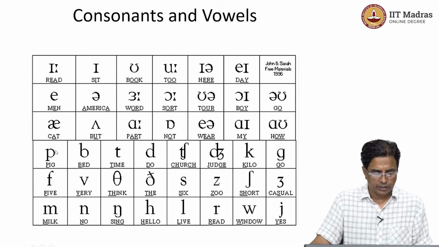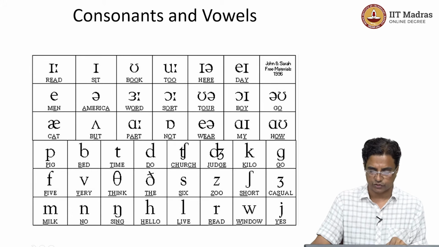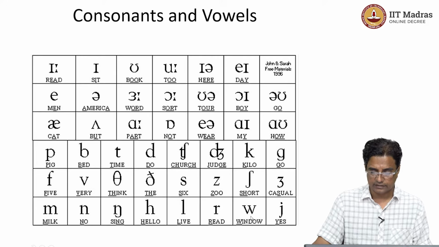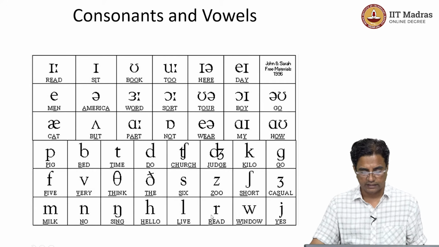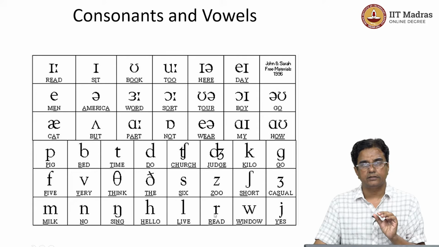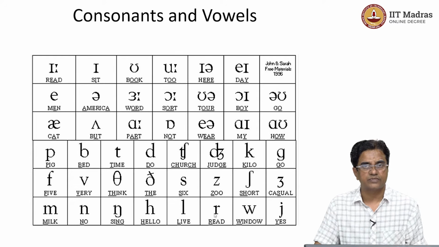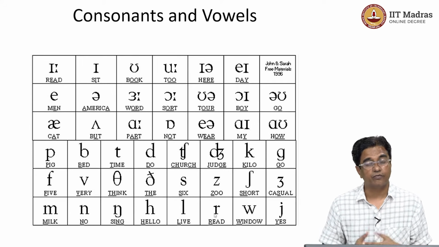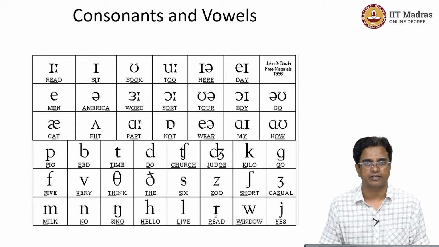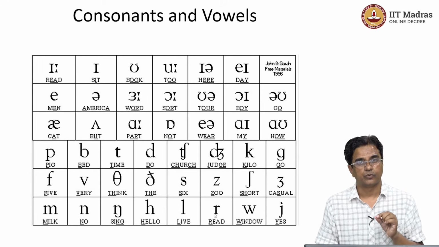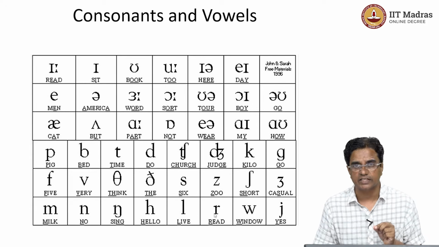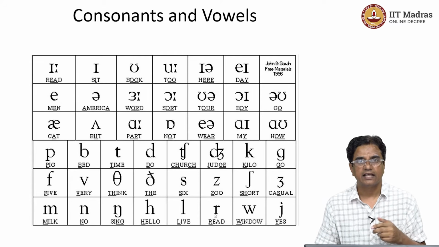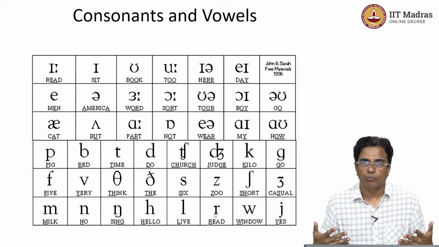Now, among the consonant sounds, you have these 24 sounds as consonants. Look at the last 3, R, W, and Y. The classification of these consonant sounds is interesting to know, and a complete understanding of the sounds helps improve our pronunciation, how we speak, how we understand, and so much more.